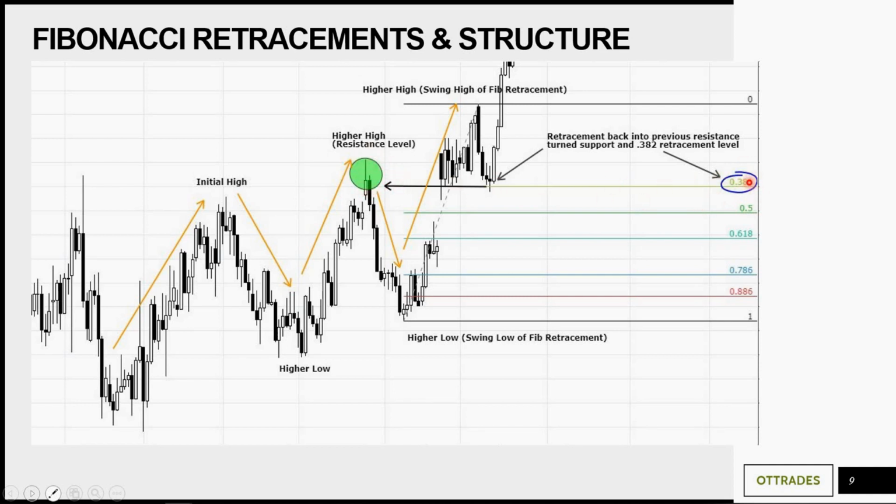So we've got a 38.2 retracement back into previous resistance turned support, at the 38.2 retracement level. So we've been given two reasons to look for entry here. Obviously the resistance turned support, the Fibonacci level, and then these two bars here you can see are indecision candles as well.